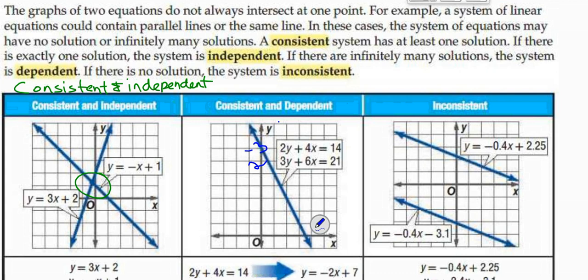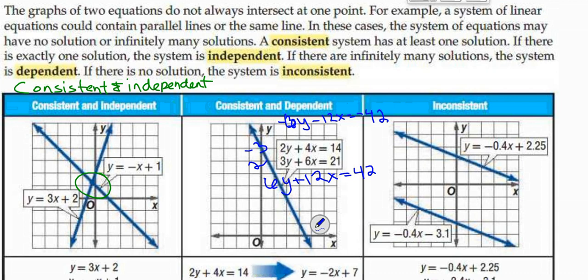If I do that, I get -6y, and the y's and x's are in opposite order, that's okay, minus 12x equals -42. And down here, when I multiply this by 2, I get 6y plus 12x equals 42.